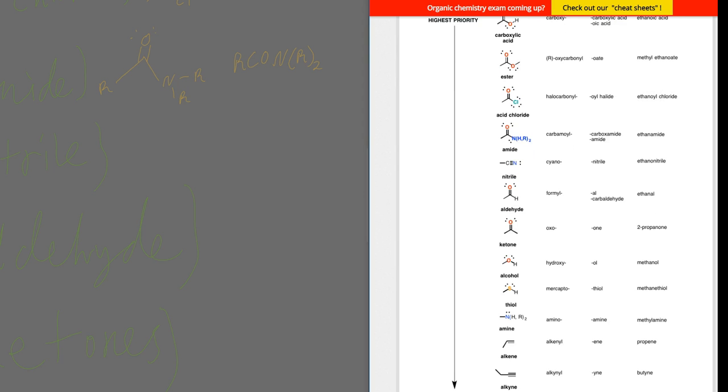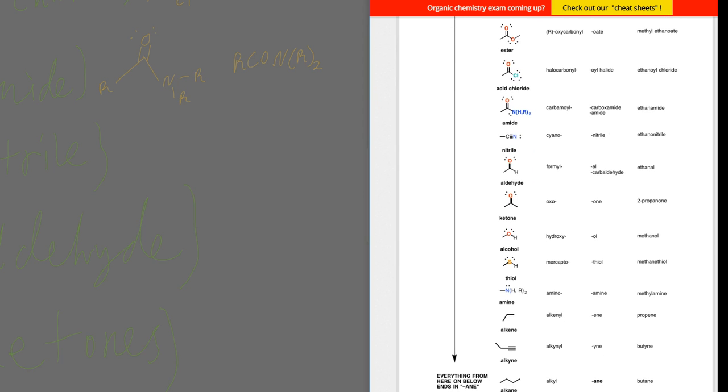Nitrile. Okay. So nitrile, it's basically this: carbon triple bonded to nitrogen.